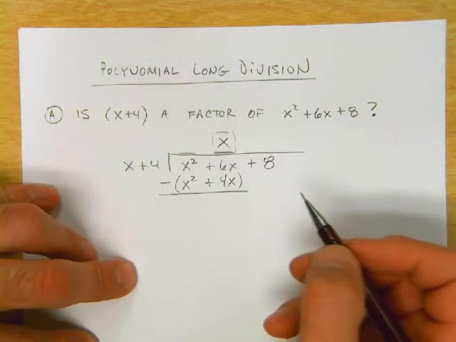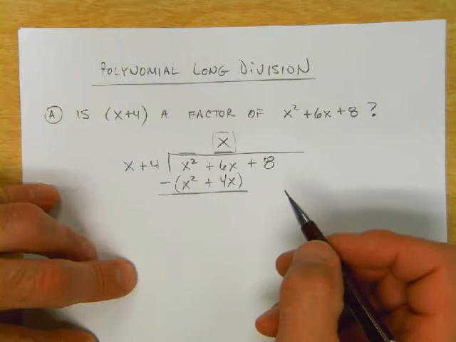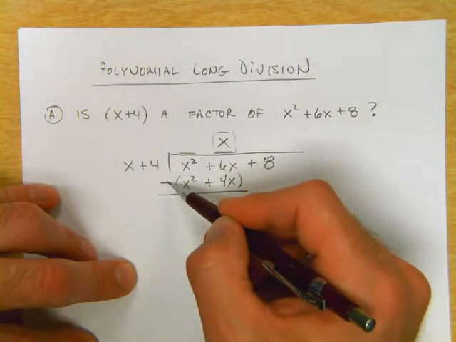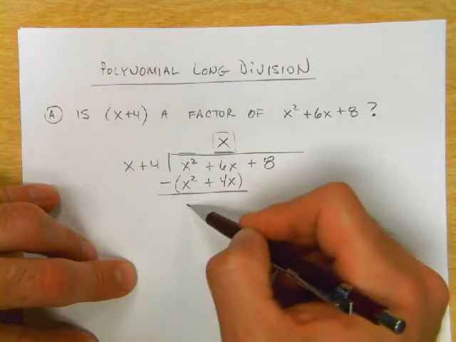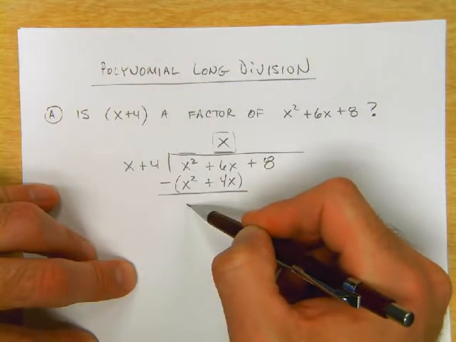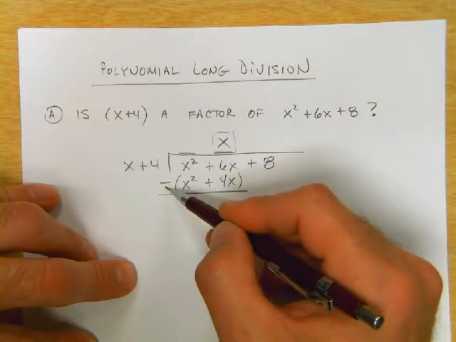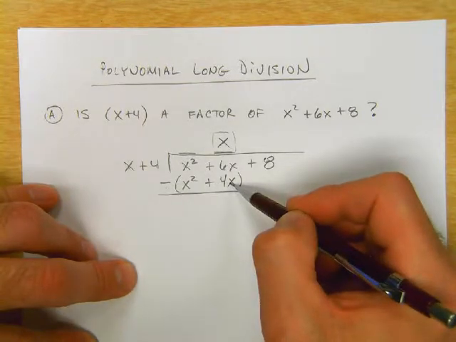X squared minus x squared is 0. So we don't need to write anything. 6x minus 4x is 2x.